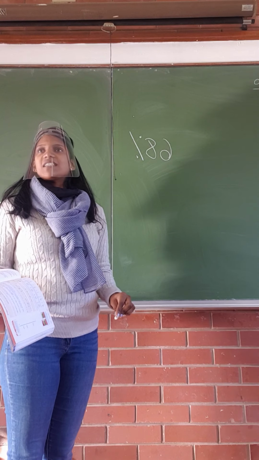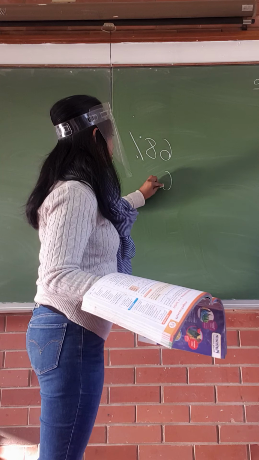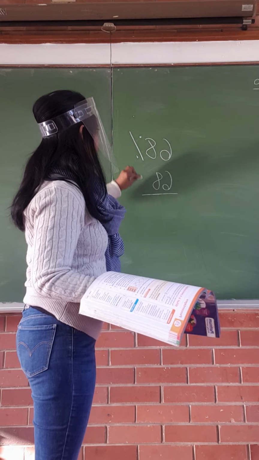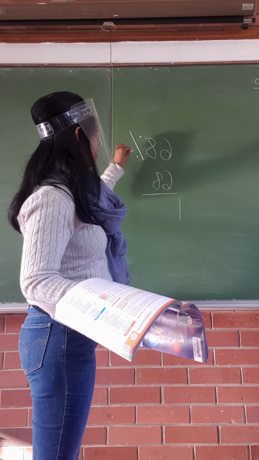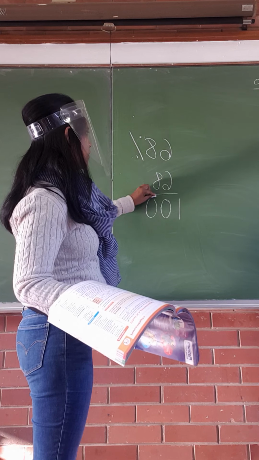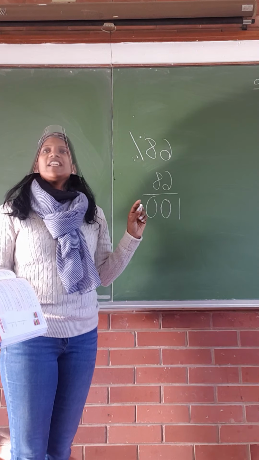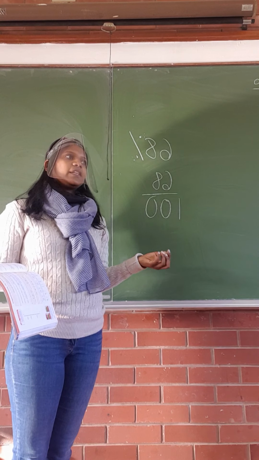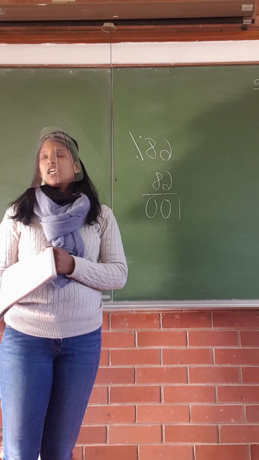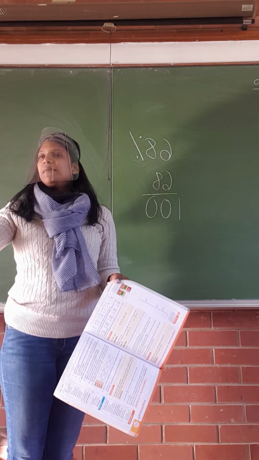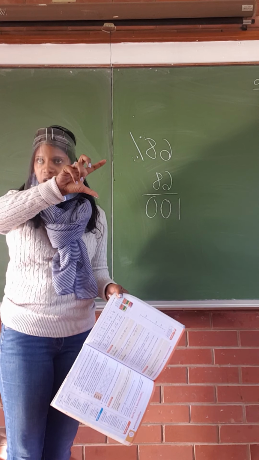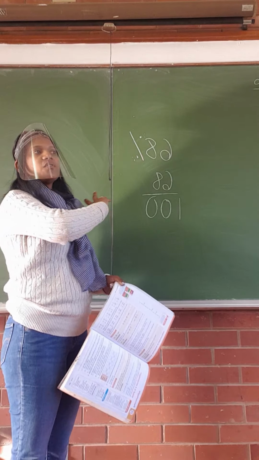And what that means is that it's 68 over 100. That's not how they came up with the symbol, but that's how my teacher taught us to remember it. So the percentage sign means that it's the number over 100, always over 100.